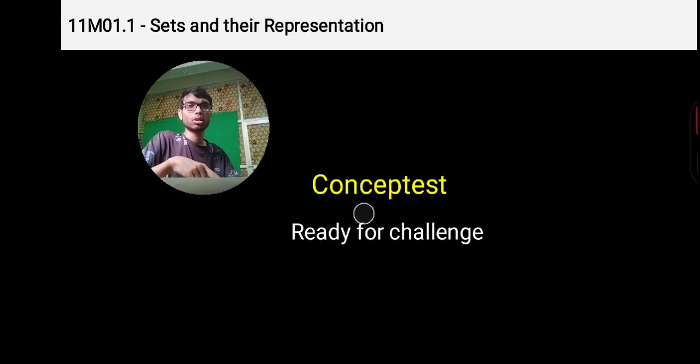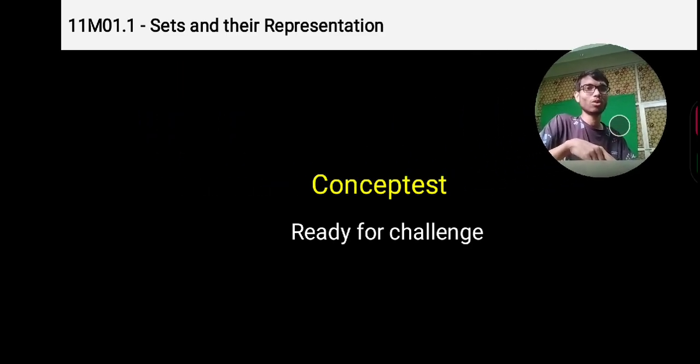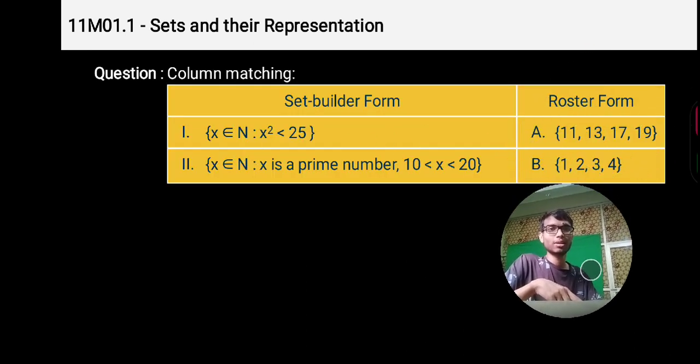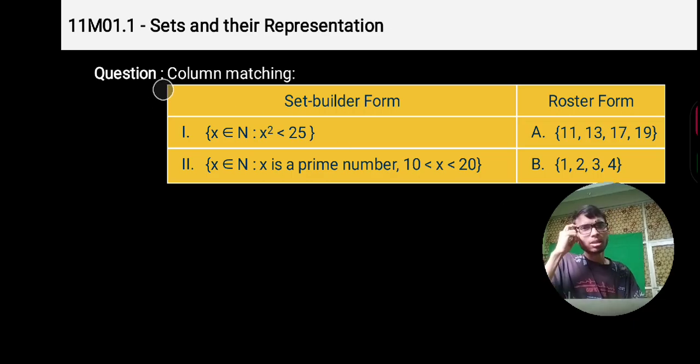Now next, concept test. We will have some questions, and we will see. Here we have this question: column matching, set builder form, roster form. x belongs to N and x square is less than 25.